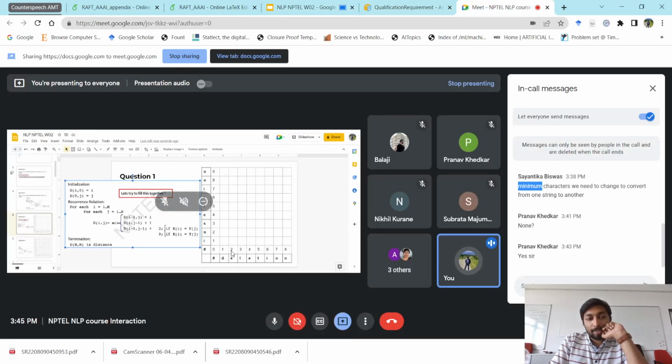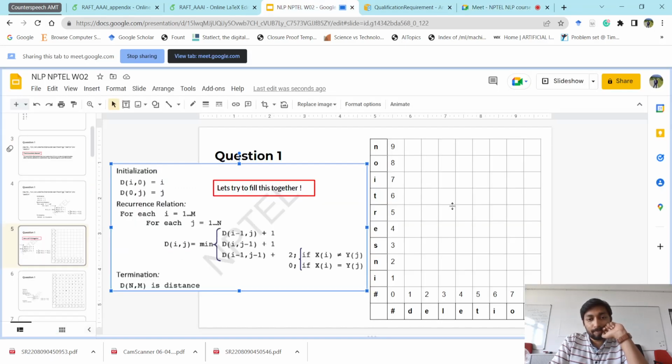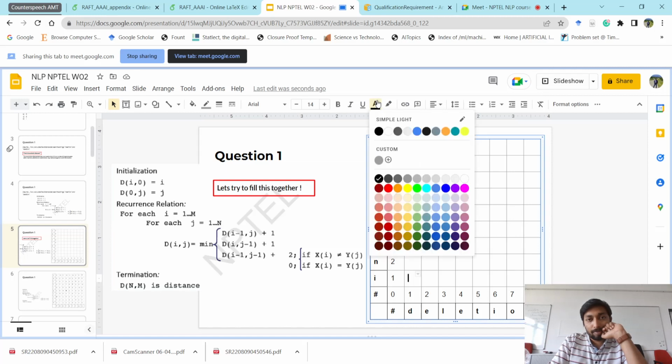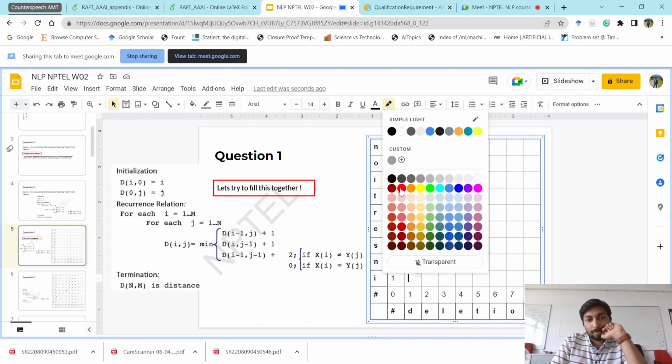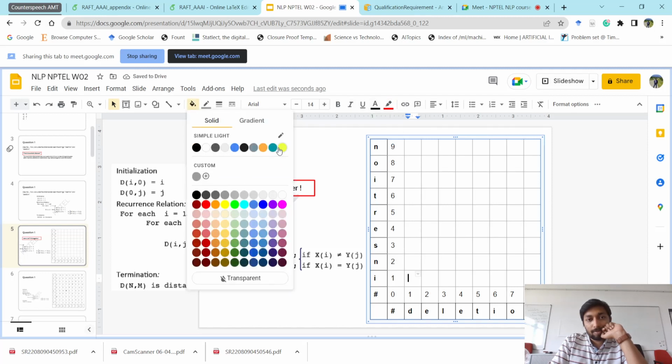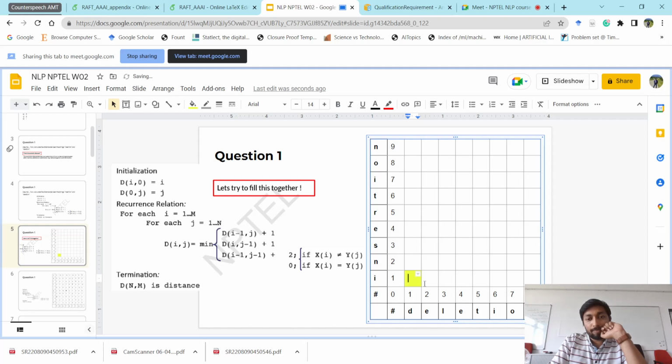So what will be the next? Let's say I want to fill this block, this one. So what will be the calculation? What is d i comma j? It is the minimum of d i minus 1 comma j plus 1.